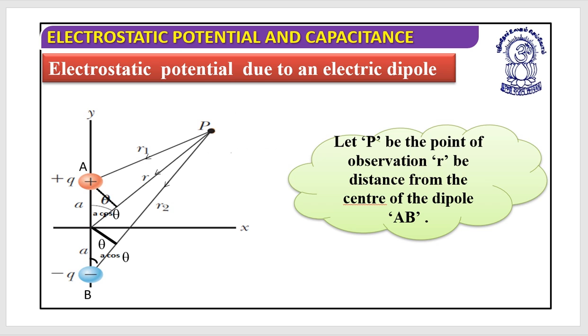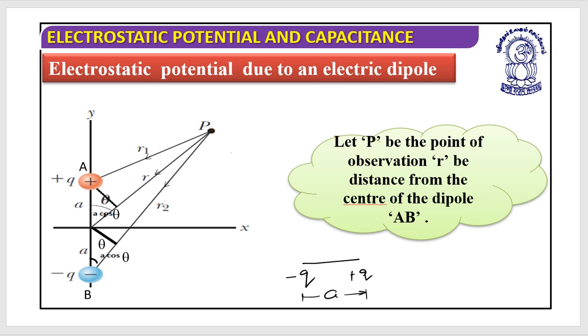Let's find it out. First tell me, do you remember what a dipole is? Are you sure? If not, then let's look at this. One negative charge here, one positive charge there, and these two charges are separated by a finite distance.